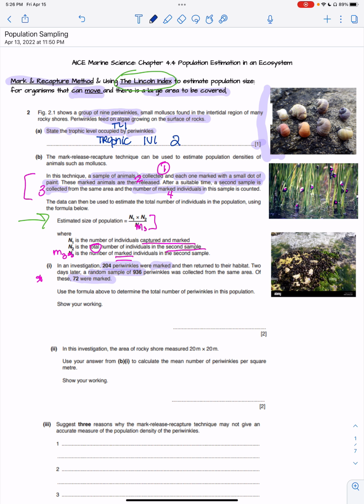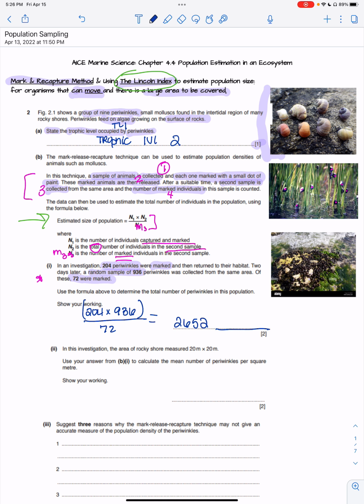Okay, so the amount in the first sample was 204 times the amount in the second sample, which is 936, divided by the ones that had the mark, 72. All right, and then you should find that your total amount in that sample is 2,652, and consider the units that you're using.